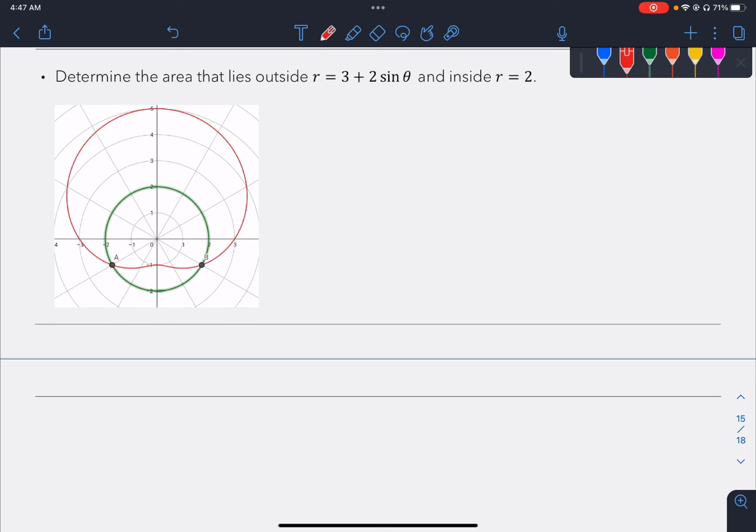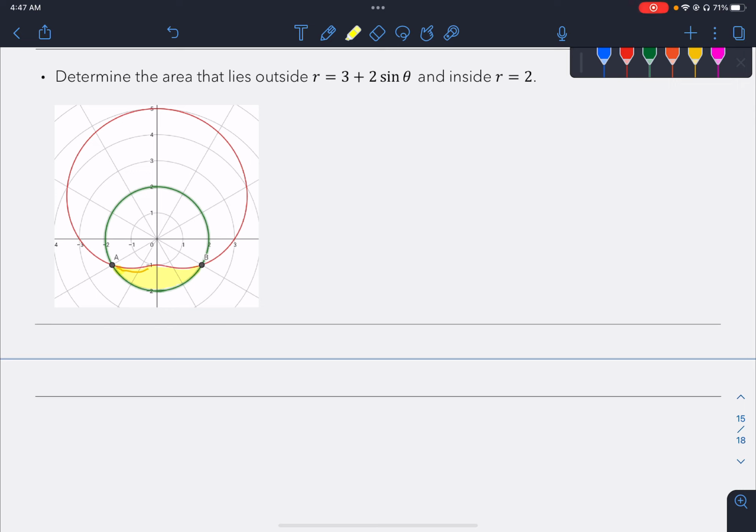Since the limacon is the red one, something that is outside is anything outside that of the limacon. But there's an area which is a part of the circle.